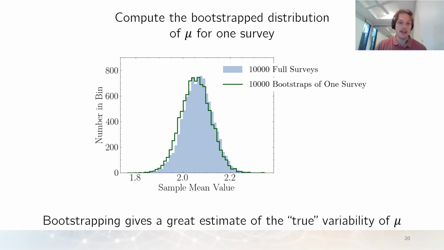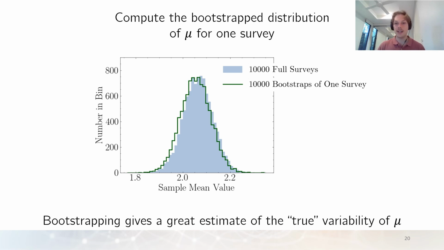And you'll see in this plot here, the shaded region is a distribution of the mu value over 10,000 full surveys. This is for some mock data that I will show a little bit later. But for now, that's 10,000 full surveys, and you'll see that's the distribution it takes. It sits around 2.1-ish. The line here shows 10,000 bootstraps of a single survey.